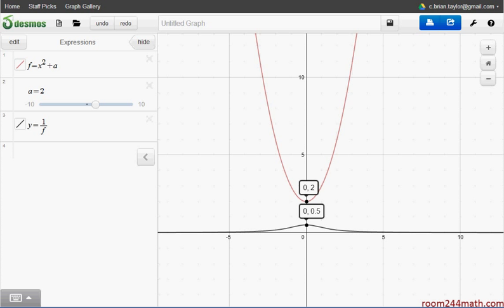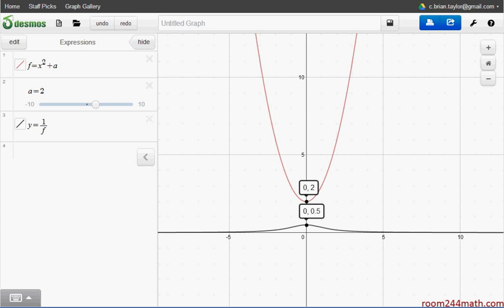And then right where the quadratic comes down to the vertex, the reciprocal function is going to come up to its maximum value, which might not be too much depending on what the vertex is. And you can see here with a vertex of 0, 2, the reciprocal of 2 is a half, and that's exactly the maximum point of the reciprocal function. So it has a very, very limited range.